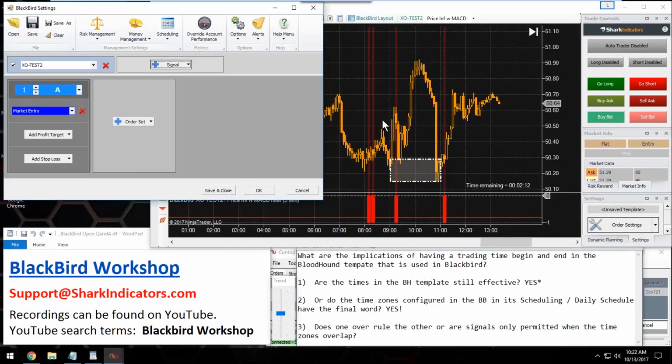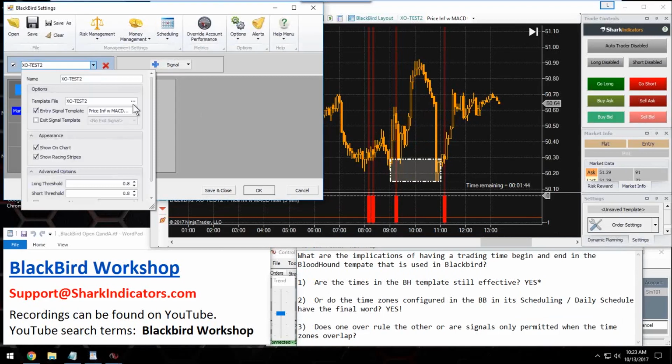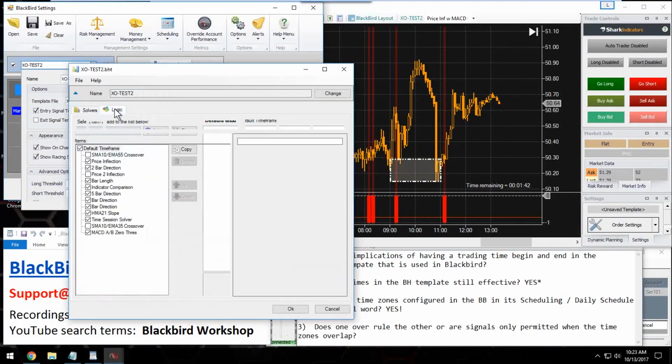Think of it as a double check. So BloodHound is checking its time solver to say, can I display a signal? Can BloodHound display a signal at this time? By checking the time solver here. So let's open this up here.